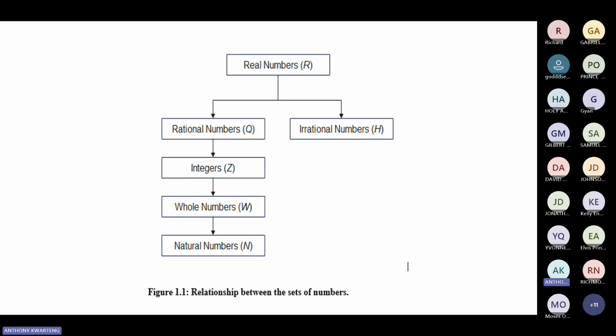Other than that, it's not a rational number. We shall look at this later. The other numbers which are not rational are called irrational numbers. If I combine irrational numbers and rational numbers together, I have what we call the real numbers.